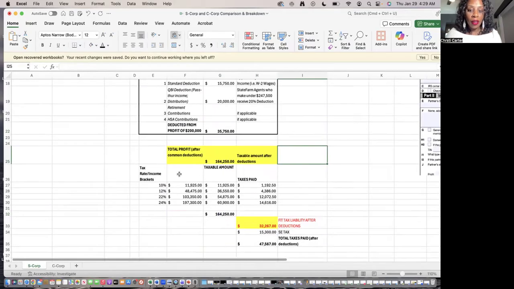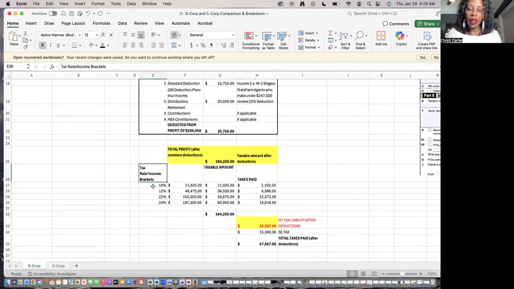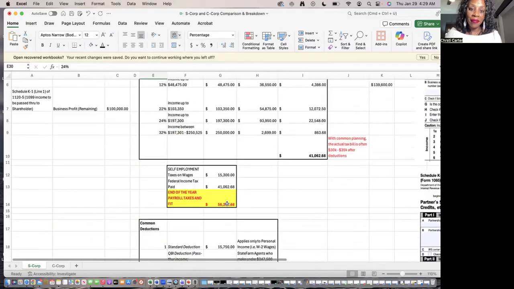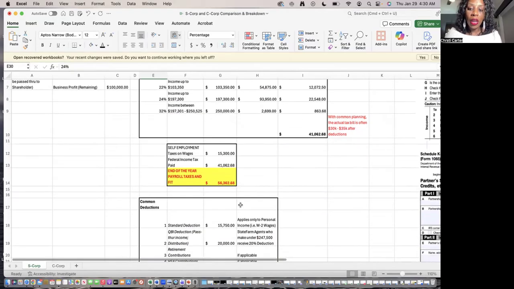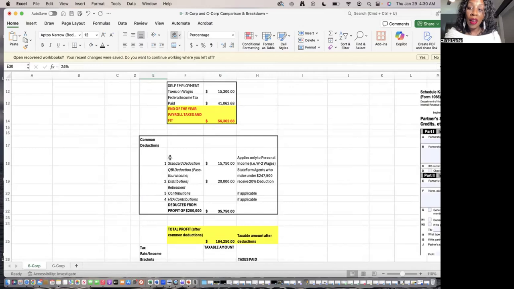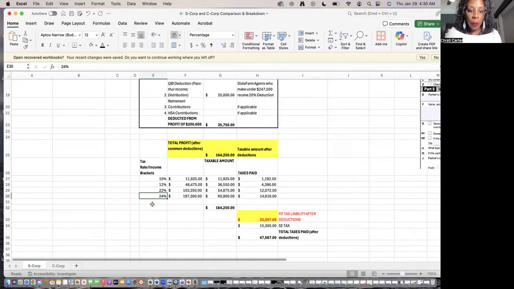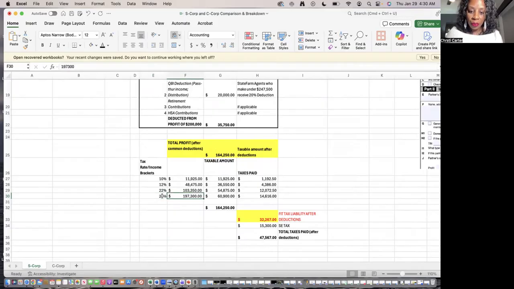And so now this tax bracket is going to look a little bit different than the one we went over. Up here, it went all the way down to 32% because 200,000 is in this range. Because we have lowered the tax liability by using these two deductions, for example, now we are going to stop at 24% because 164,250 is within this range.